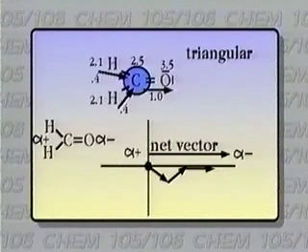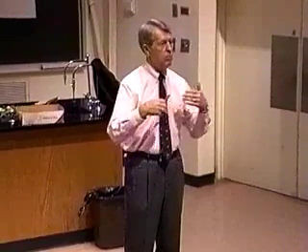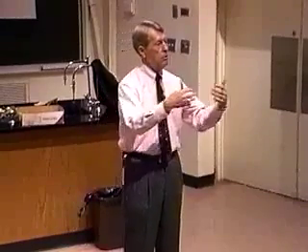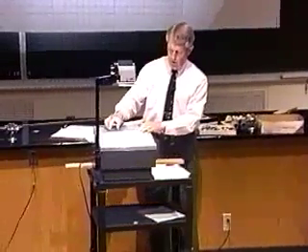And would I predict that formaldehyde should dissolve in water? Yes, because polar solvents like polar solutes. Nonpolar solvents like nonpolar solutes. We talked about that in chapter 4 a little bit.